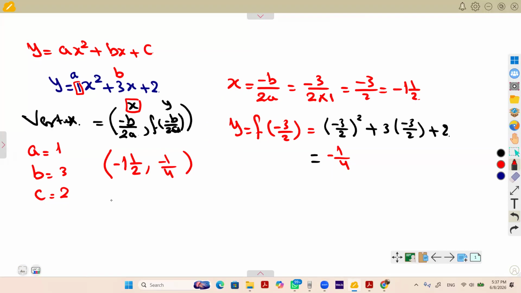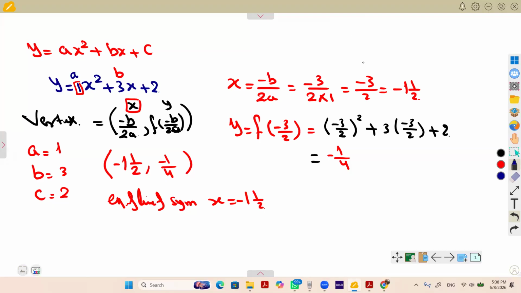This means the equation of the line of symmetry is x equals negative 1.5. And is the value of y here a minimum or maximum value? The curve type will be upward or downward. Downward? Upward.